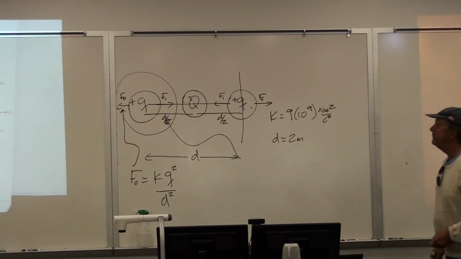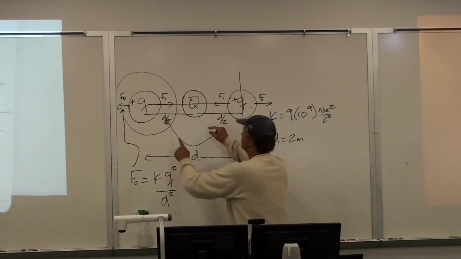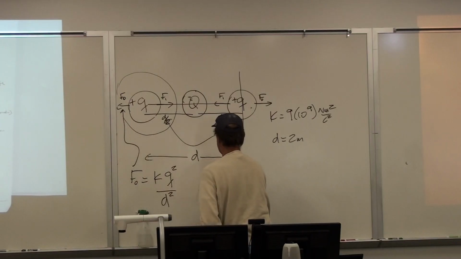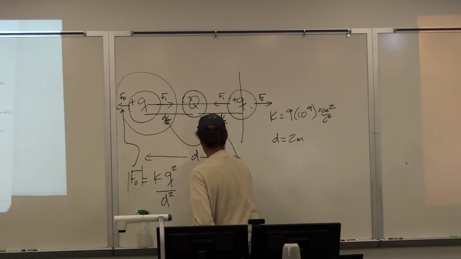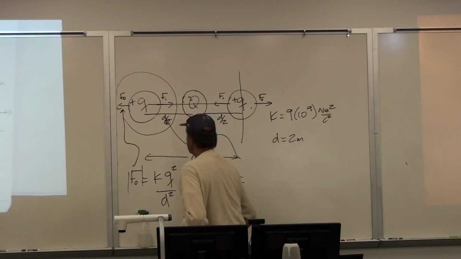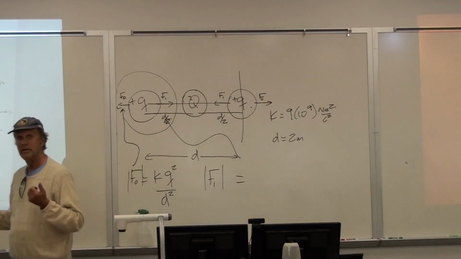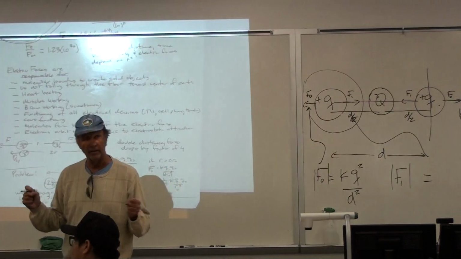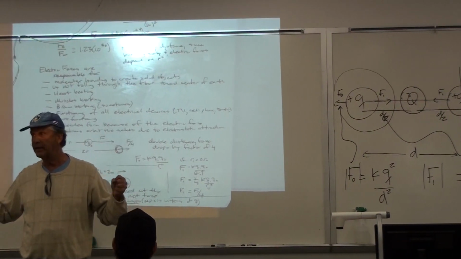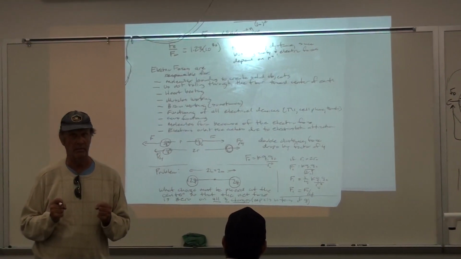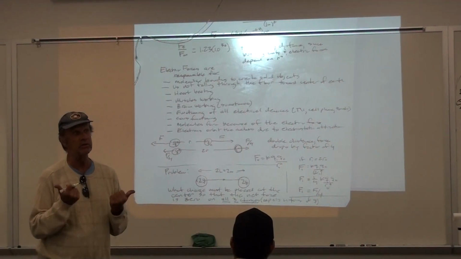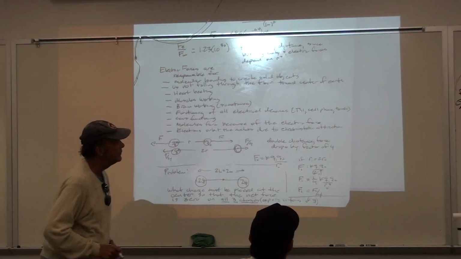But for F1, we're going to want to use this distance, and so F1, this is just the magnitude of it. I'm not worried about the direction. Why? Because I can get the direction just by knowing that like charges repel and unlike charges attract. Okay, so I get my direction of the vector not from the math.